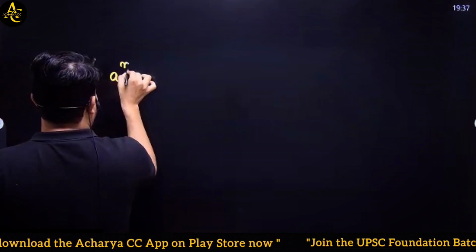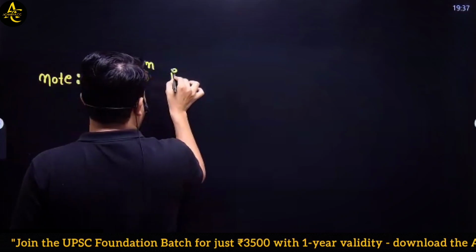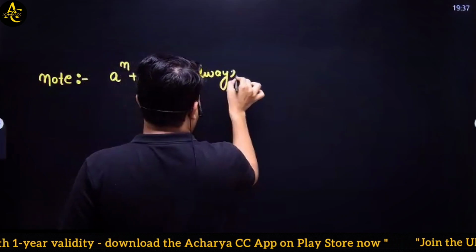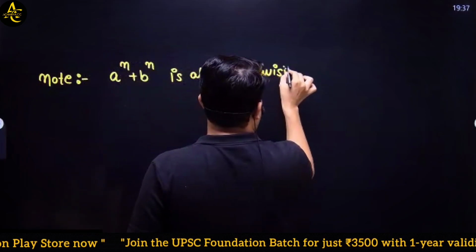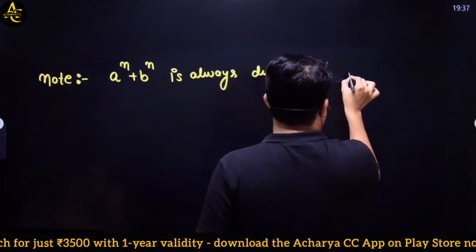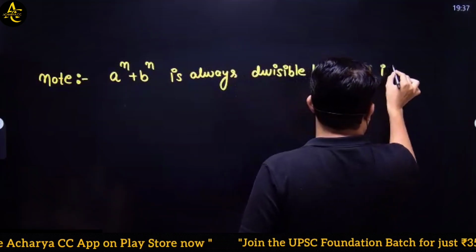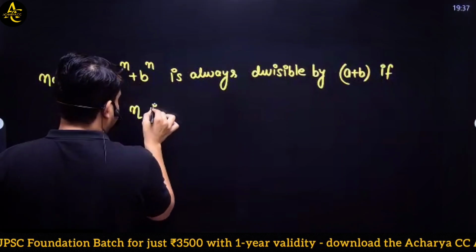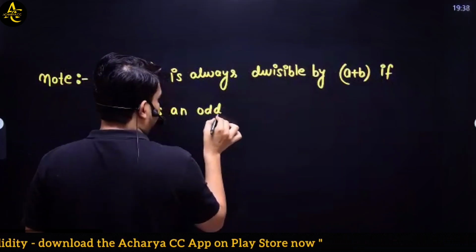a to the power n plus b to the power n is always divisible by a plus b if n is an odd integer.